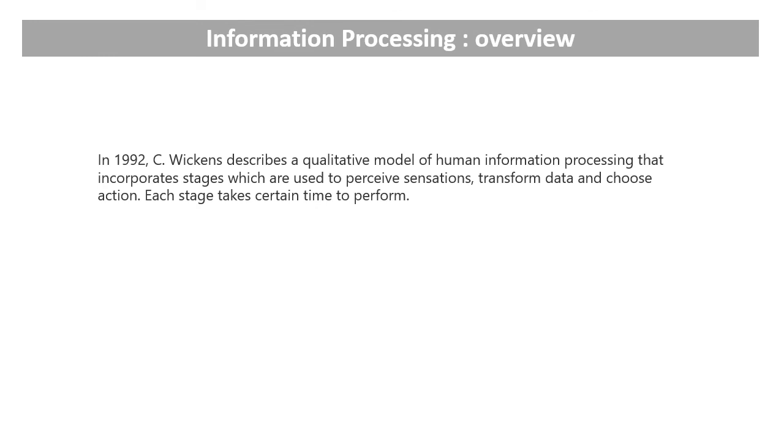So now let's move on to the second process of cognition, which is information processing. After we have completed attention, sensation, perception, and memory, now it is information processing. So what is information processing?